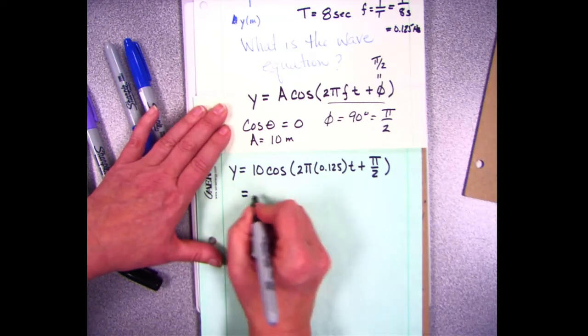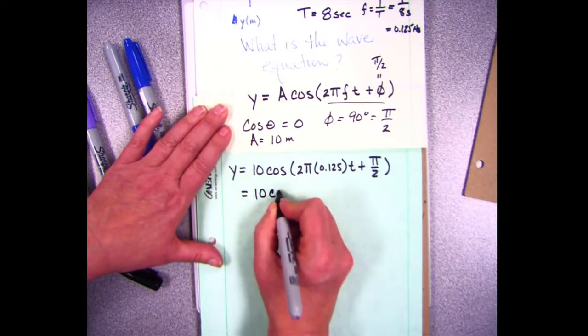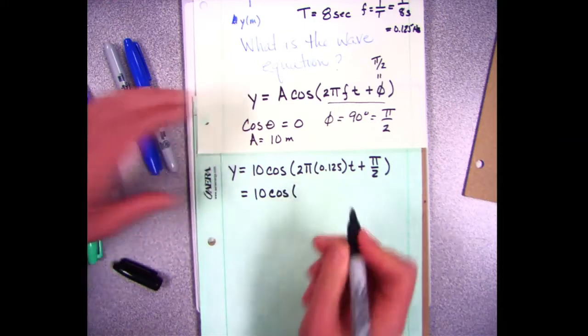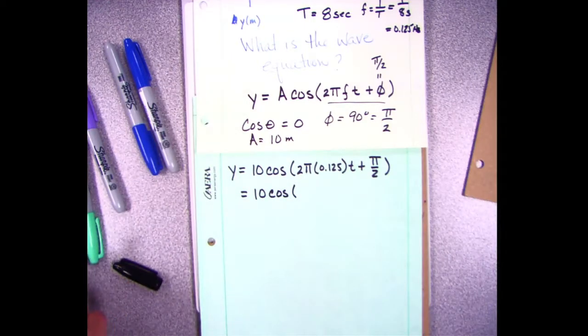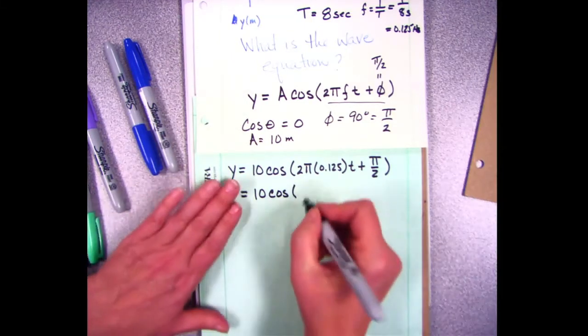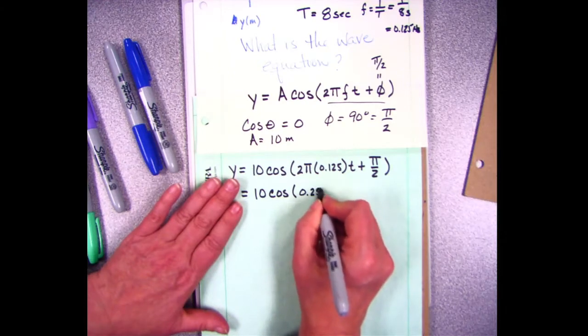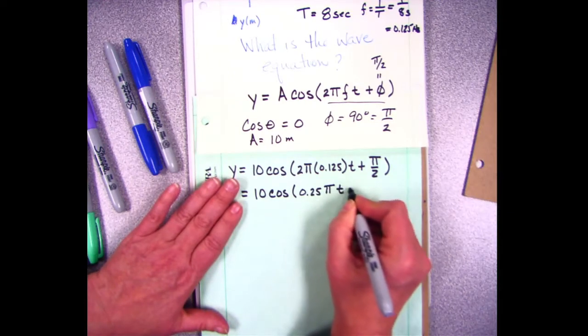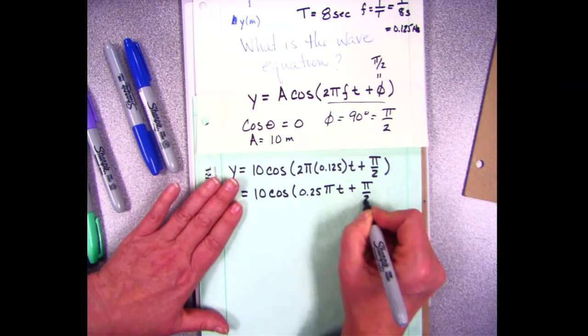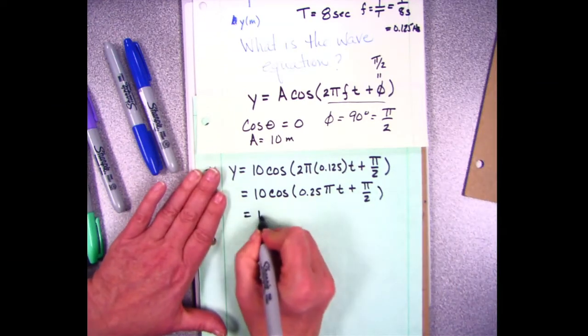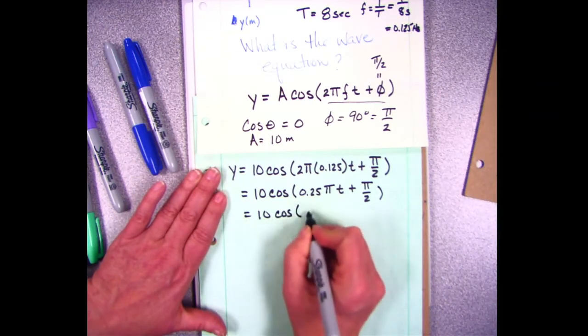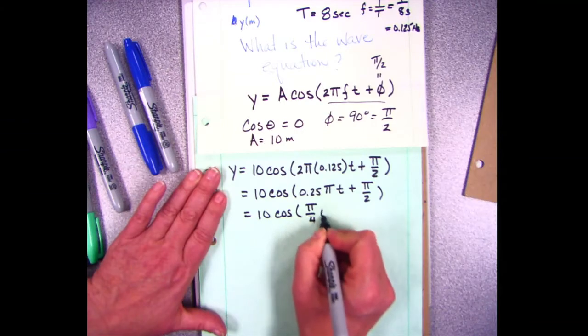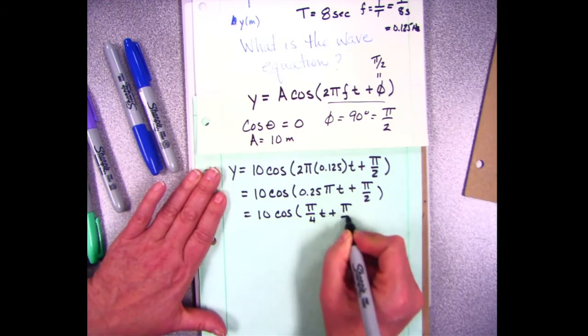If I want to clean this up a little bit, I would do 0.125 times 2, so it's 10 cosine(0.25 pi times time plus pi over 2). Or I could write it as 10 cosine(pi over 4 times time plus pi over 2).